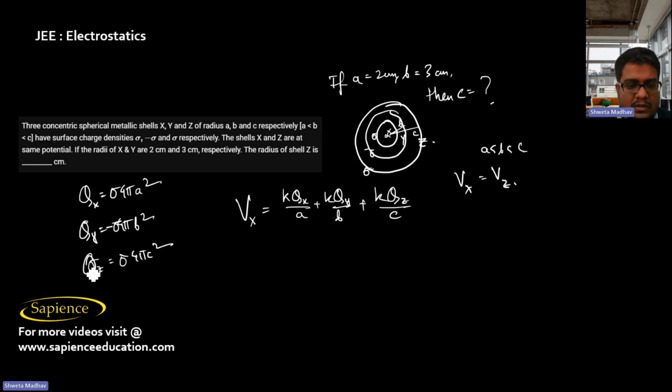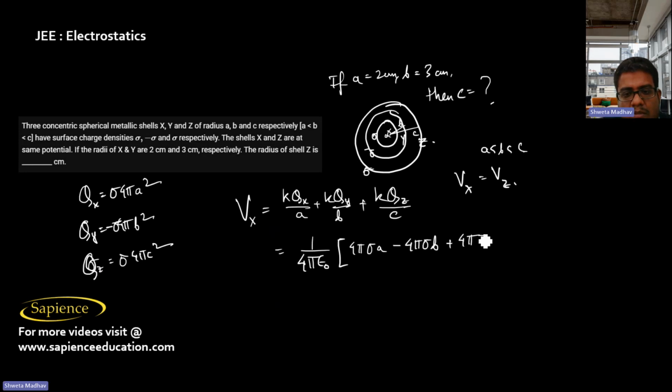So therefore, K is 1 by 4 pi epsilon naught, and QX by A is 4 pi sigma A, then minus 4 pi sigma B, and plus 4 pi sigma C. I can take 4 pi sigma as common, by 4 pi epsilon naught, into A minus B plus C. So 4 pi will cancel.